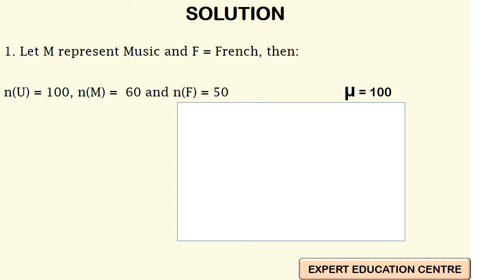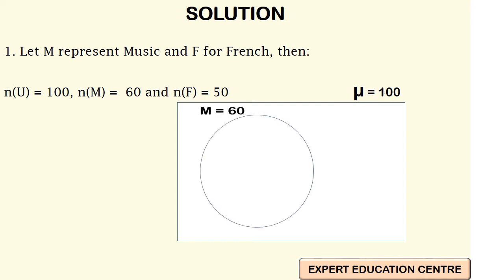The universal set is represented by the rectangle, and there are 100 students in this particular example. This universal set has two subsets. The first subset is the number of students that offer music, and that is represented by the circle.